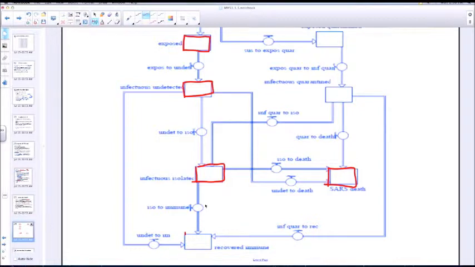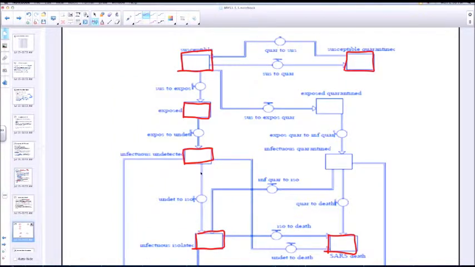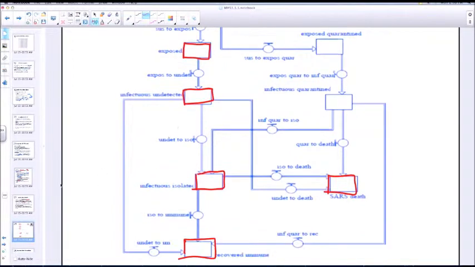Where's the recovered? Okay, here it is. Here's recovered. So that's the baseline. And then you look at all the other populations. That's how you split the populations. Well, if you follow the conceptual model and understand the baseline idea, it's not that complicated.